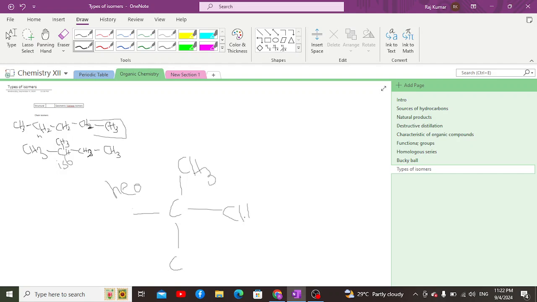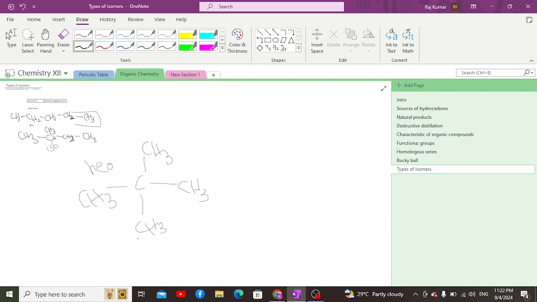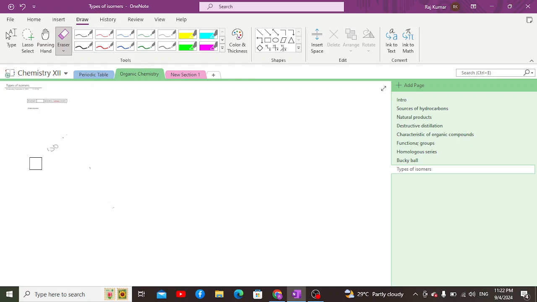This is the structure found in neopentane: CH3, CH3, and CH3. All of these are pentanes with different structural formulas and are thus known as chain isomers.